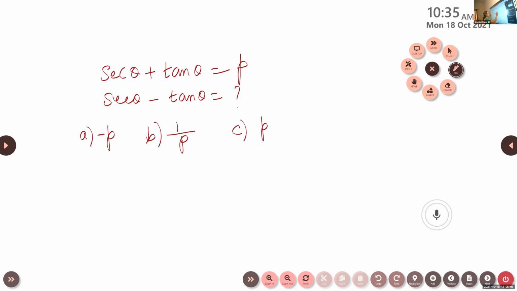Option C, P square minus 1. Option D, 1 by P square. What is the answer? Sec square theta minus tan square theta is 1, isn't it? Try the answer.